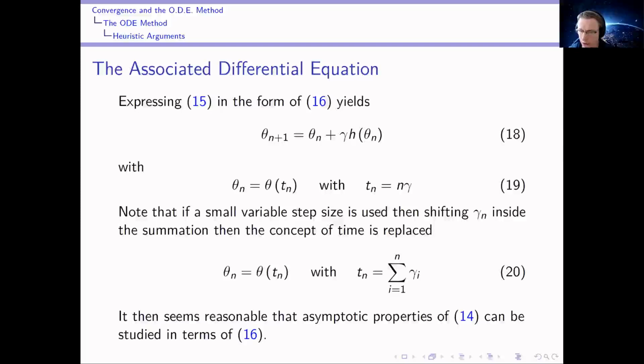Here, theta subscript n, or the parameter updates, are equivalent to the ODE theta, but now the ODE has a new concept of this time index as shown here. This is the connection with this notion of ODE time.